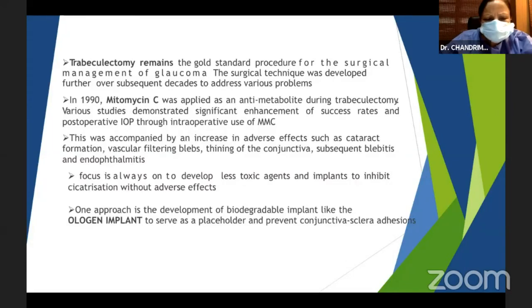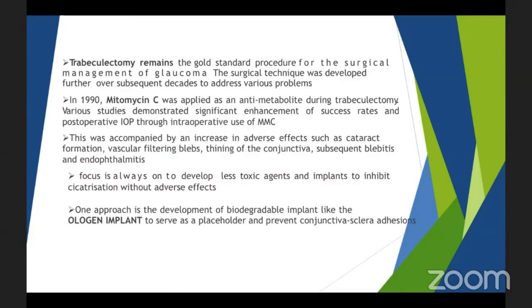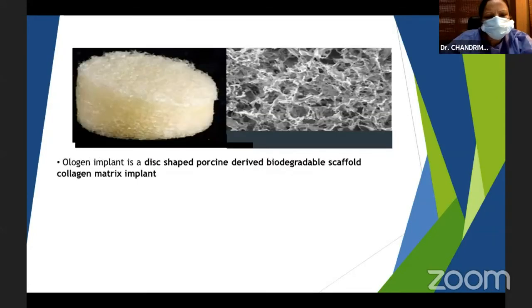And there comes in the Ologen implant, to serve as a placeholder and prevent conjunctival-scleral adhesions. So that's the Ologen on your left that you can see, and that is the microscopic picture.